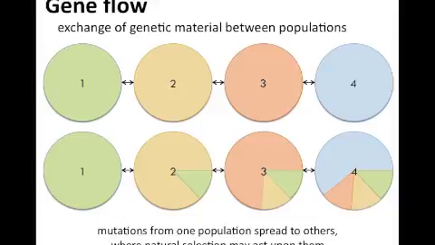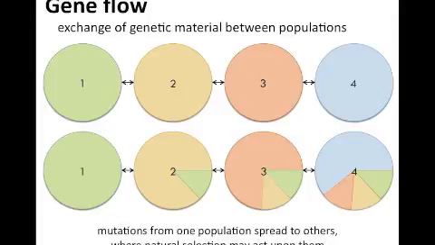Our final mechanism of genetic evolution is gene flow, and this is simply the exchange of genetic material between populations. So this is similar to the example of the raccoons that we had at the beginning of the semester. If we have 1, 2, 3, 4 different breeding populations of raccoons, the individuals in group 1 are more likely to reproduce with other individuals in group 1 simply because they're closer.